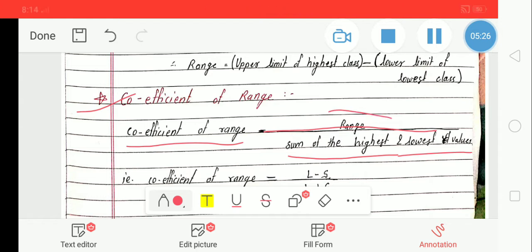Now here, range divided by the sum of highest and lowest value gives the coefficient of range.